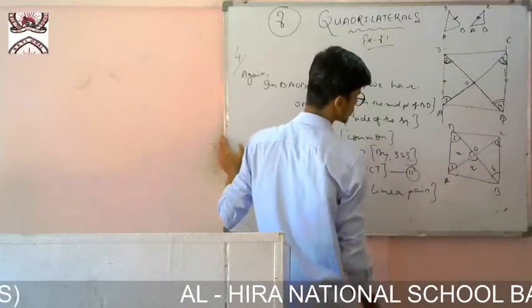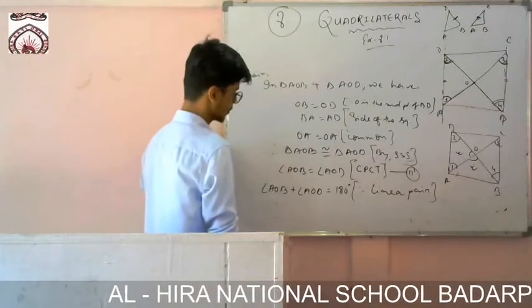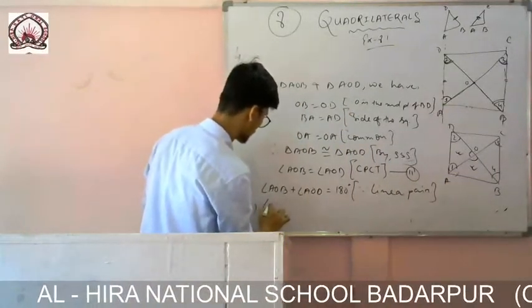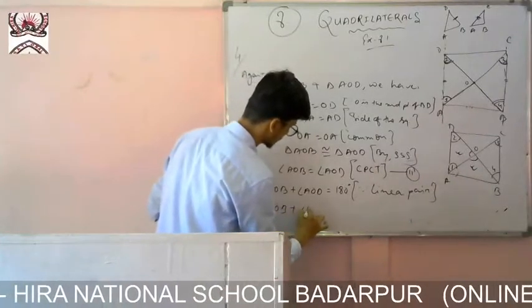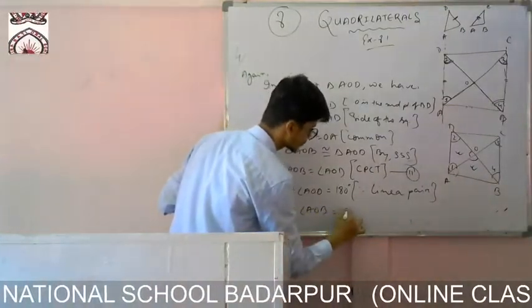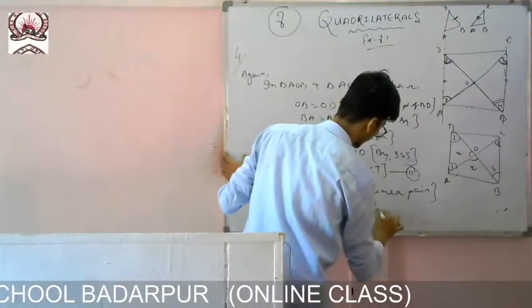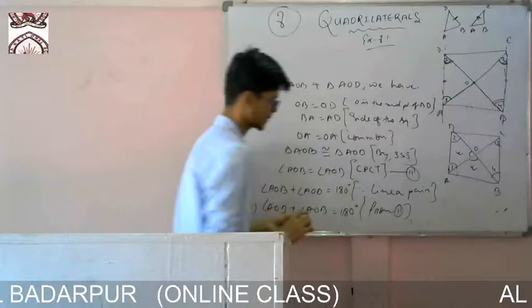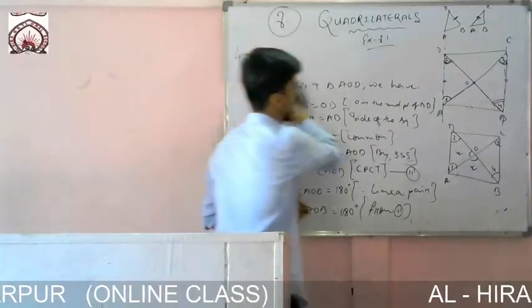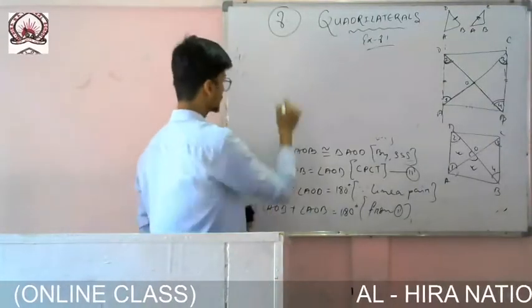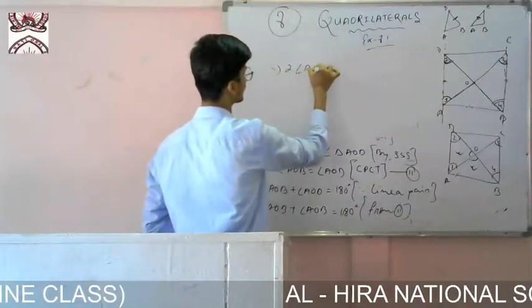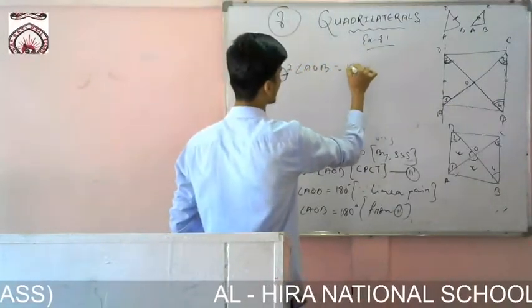Both are the same, so I can write angle AOB plus angle AOB is equal to 180 degrees. Therefore from 1, twice angle AOB is equal to 180 degrees.